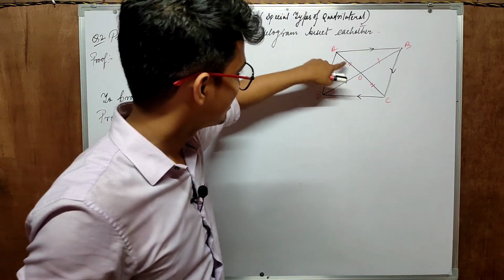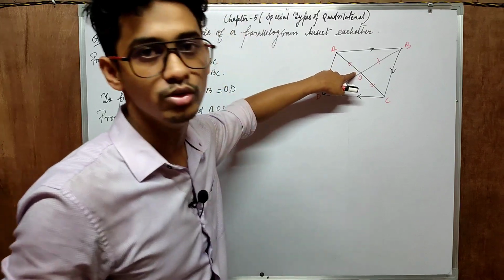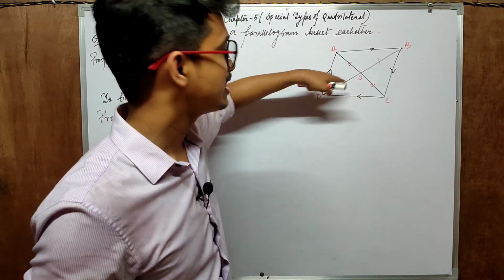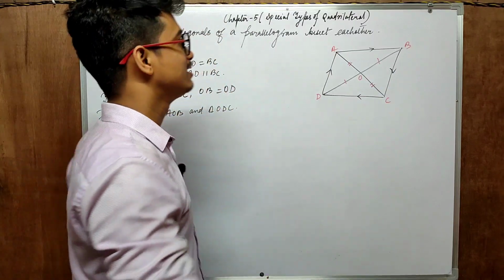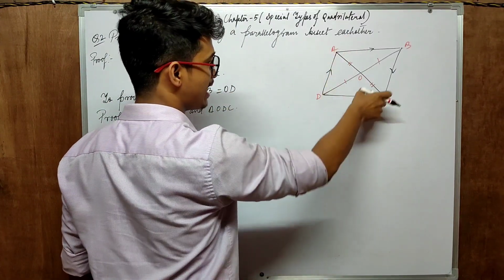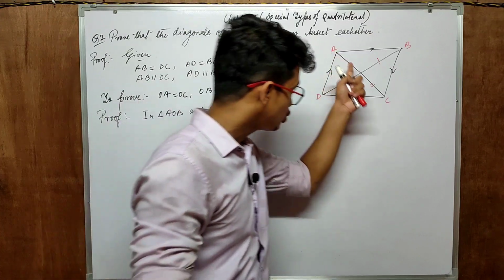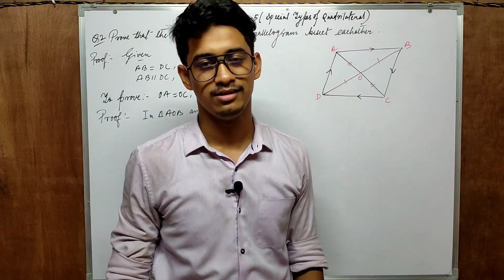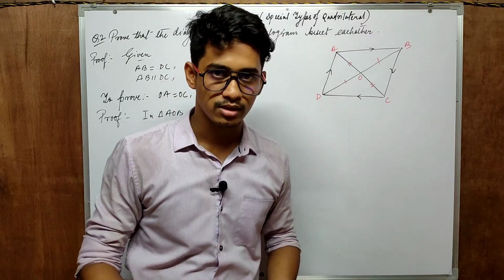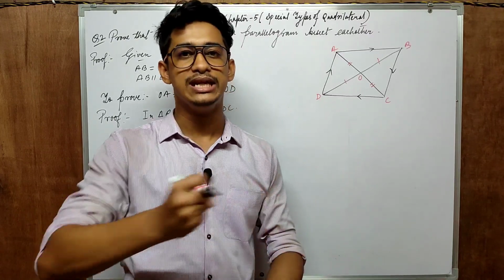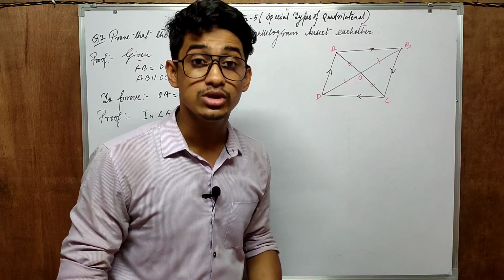It will only go up to O and then stop, and then up to B. So our requirement is AO and OC, not AC together, right? So on that note, we have to choose how much we need.